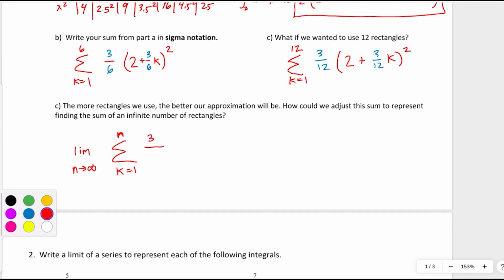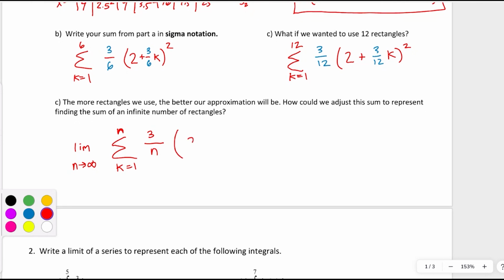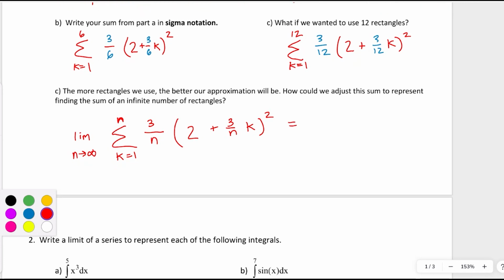This is why we're using the limit notation. 3 over n, so n is going to infinity. Times 2. You got it. And this expression, this infinite limit, is the exact value of this integral.